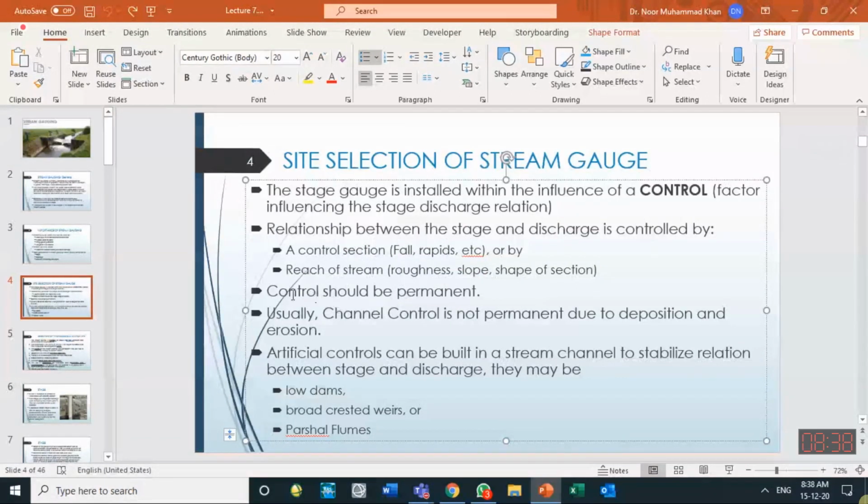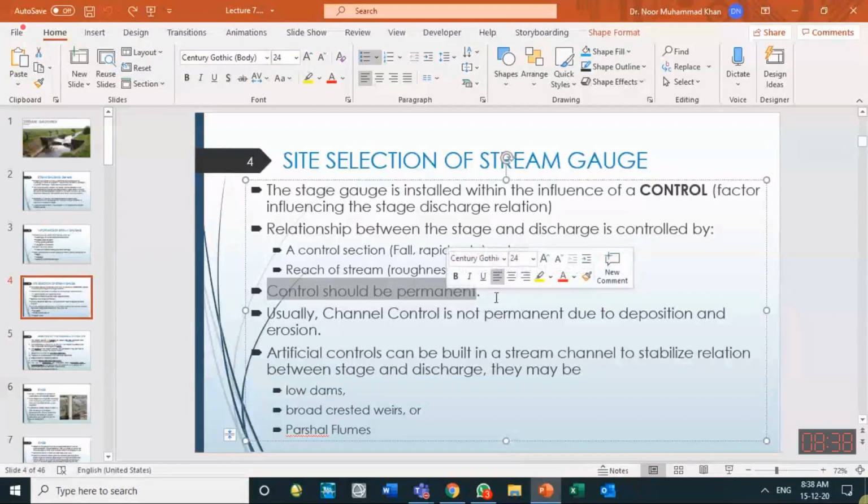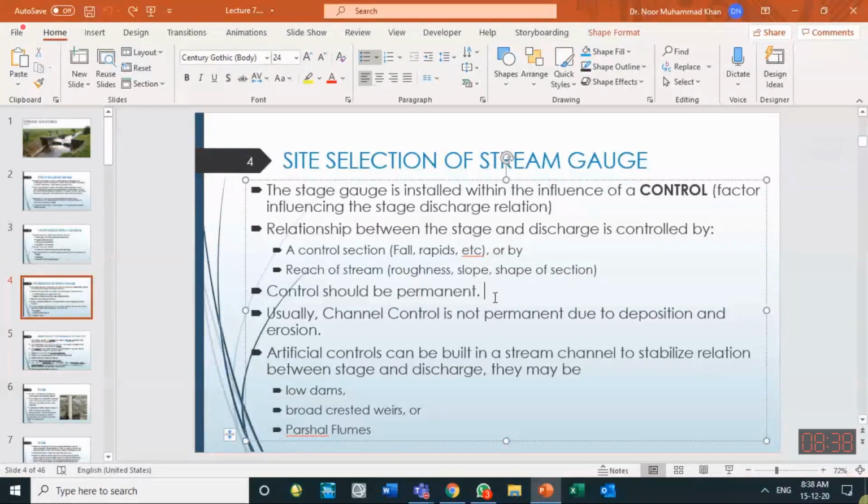Whatever the control is, when we are selecting a stream gauge station, we should try to find a location where the control is permanent. Permanent means it should not be a temporary control.